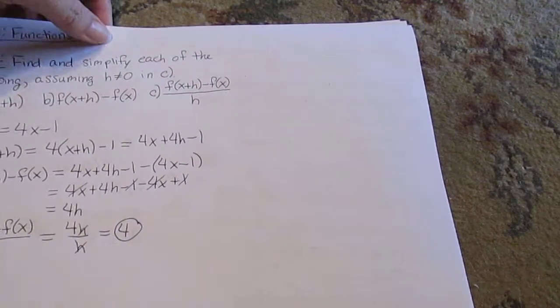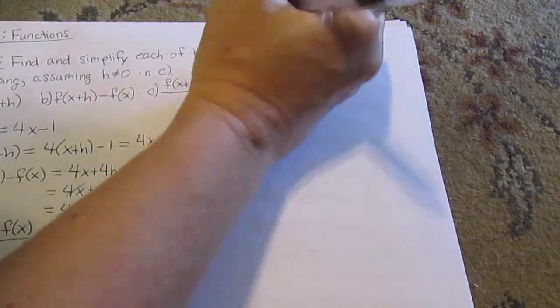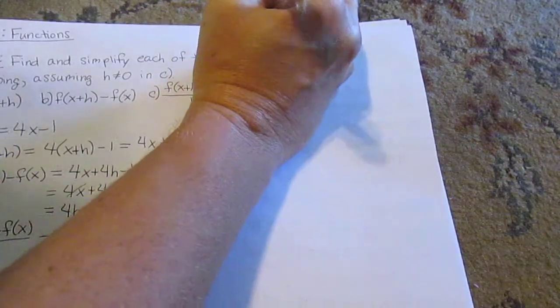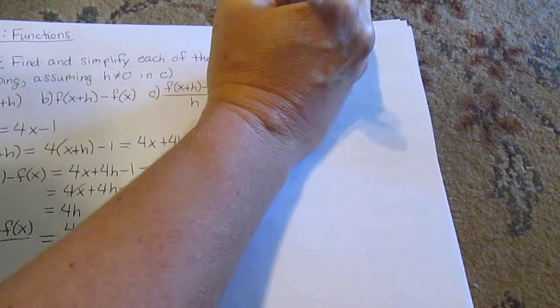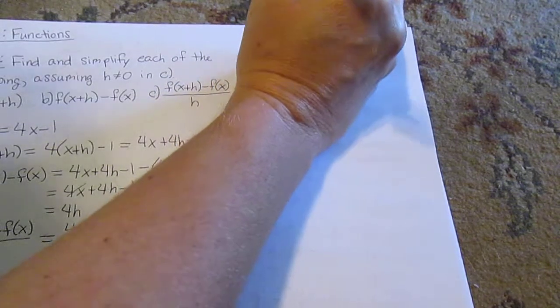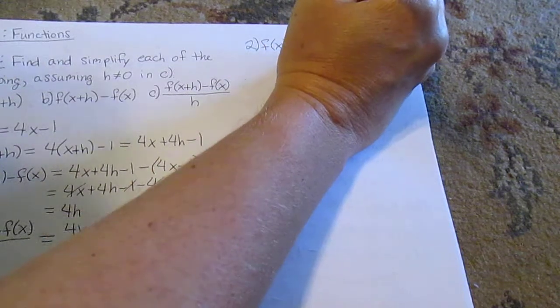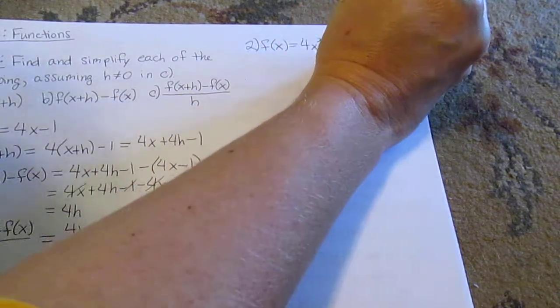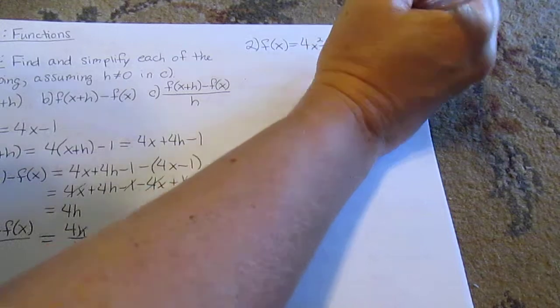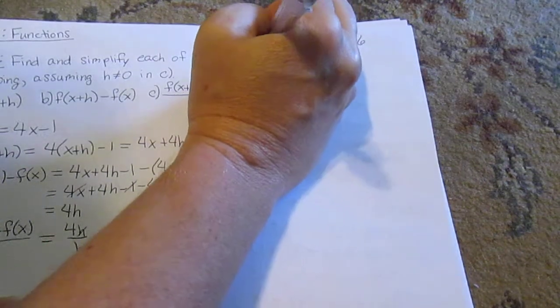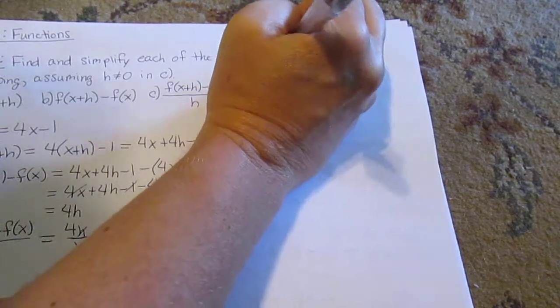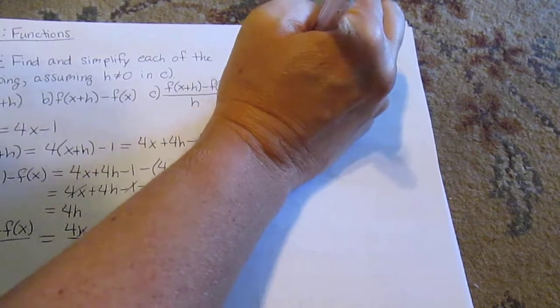It's the same steps. We just need to make sure we can simplify it. So the second one, I've got f of x equals 4x squared minus 7x plus 6. Okay, part A, f of x plus h.